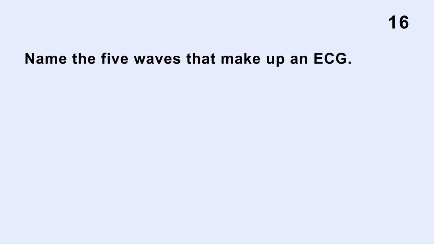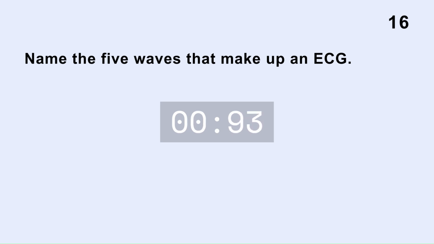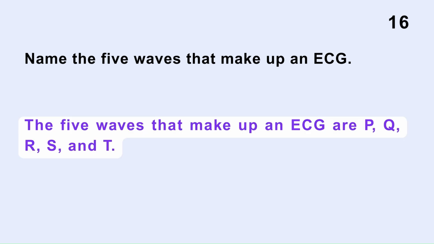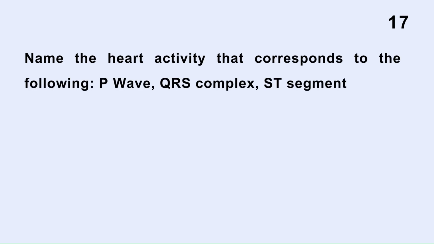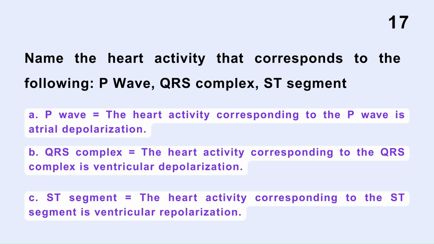Name the five waves that make up an ECG. The five waves that make up an ECG are P, Q, R, S, and T. Name the heart activity that corresponds to the following: P wave, QRS complex, ST segment. A. P wave.